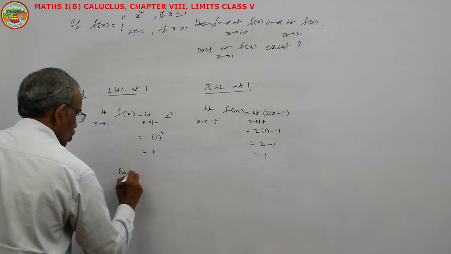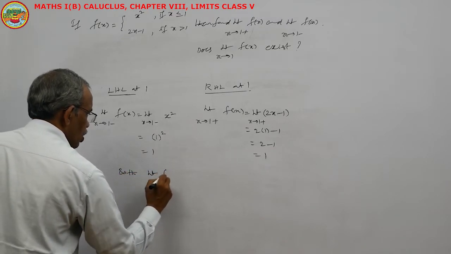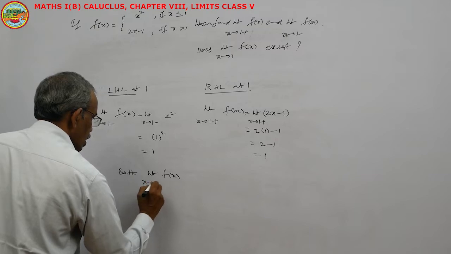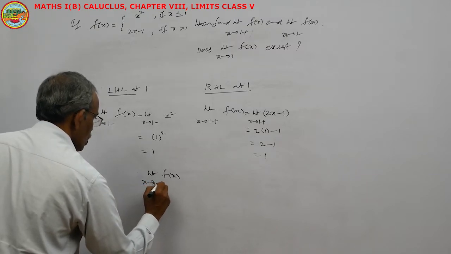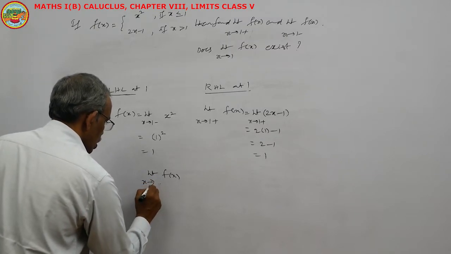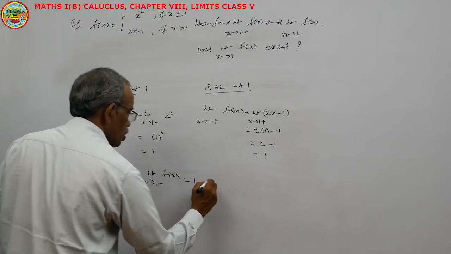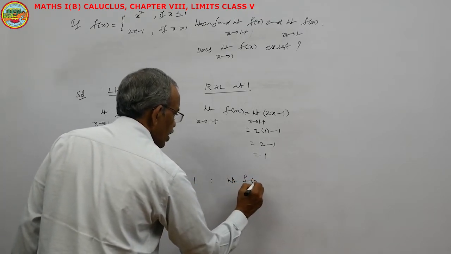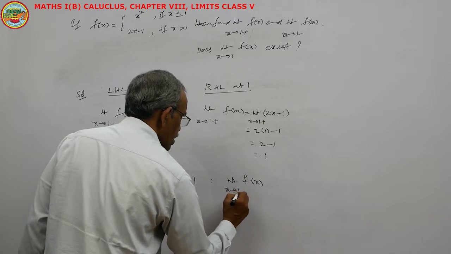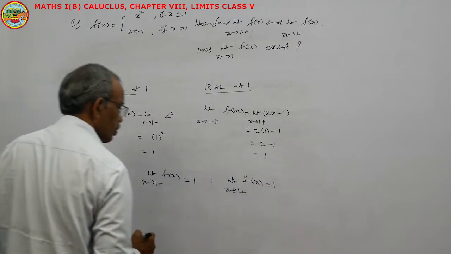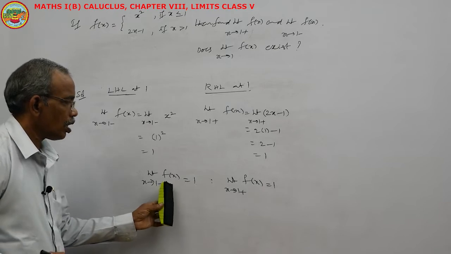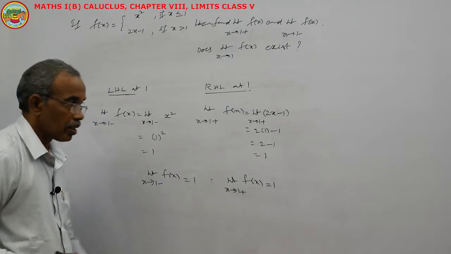So we observe that the limit of f of x as x tends to 1 minus is equal to 1 and the limit of f of x as x tends to 1 plus is equal to 1. Both exist and are equal to 1.